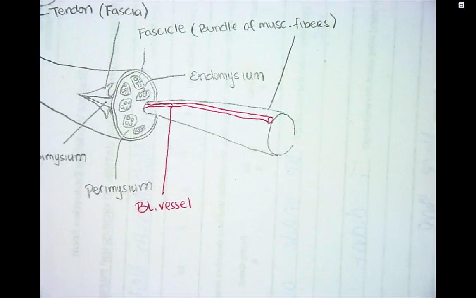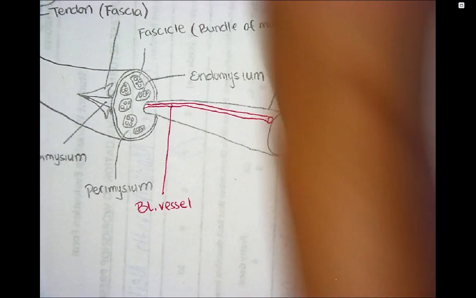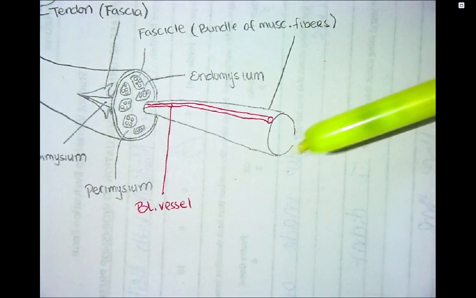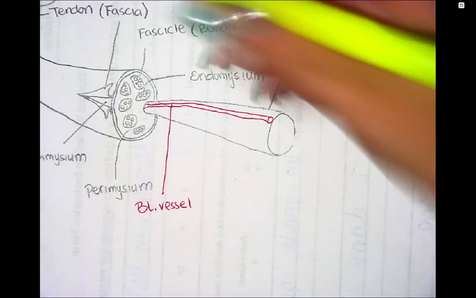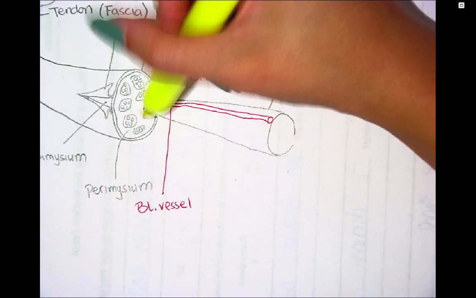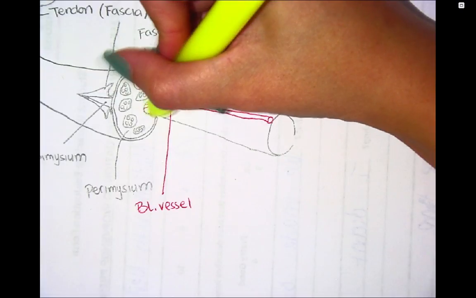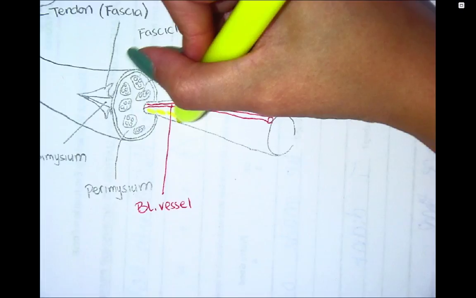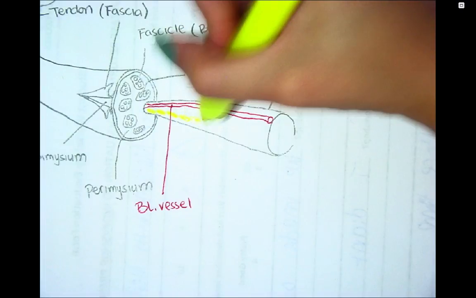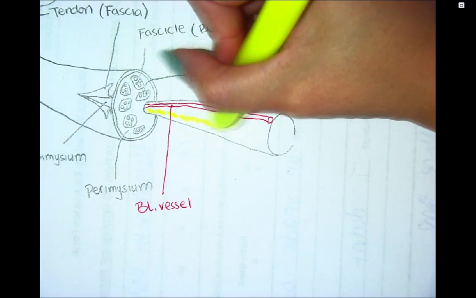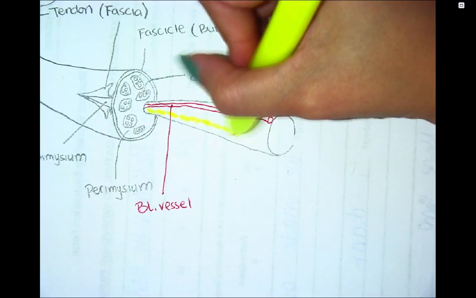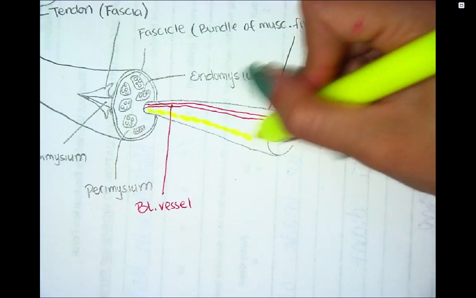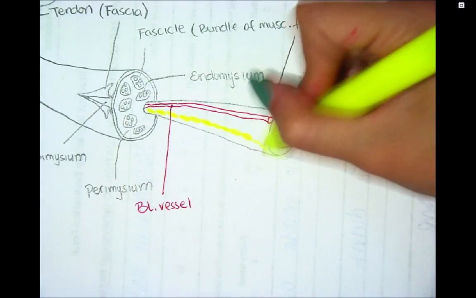And then you also have innervation, which is where you have nerves controlling that fascicle. So I'm going to use yellow to draw a nerve. So nerves are actually kind of like beaded looking strings. And then at the ends, they have branches coming off of them.